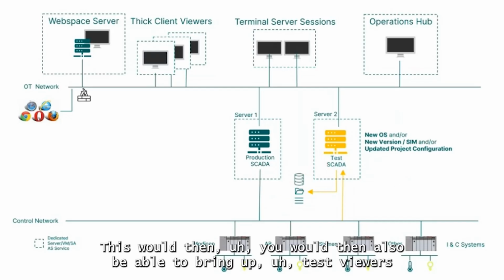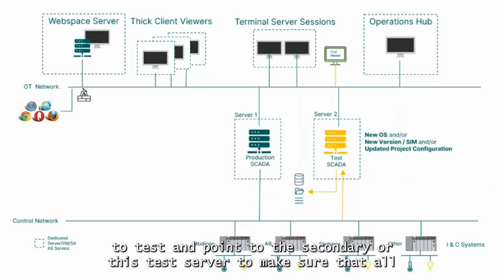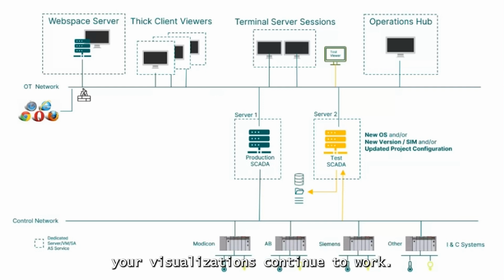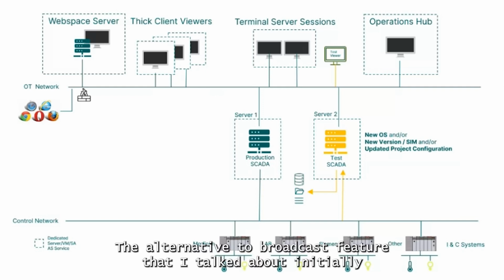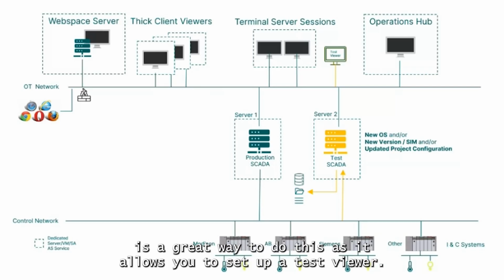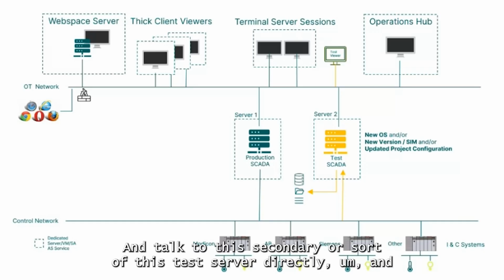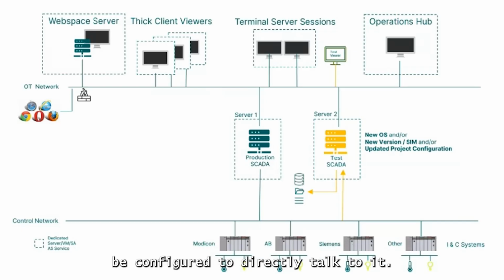You would then also be able to bring up test viewers to point to this secondary or test server to make sure that all your visualizations continue to work. The alternative to broadcast feature that I talked about initially is a great way to do this, as it allows you to set up a test viewer and talk to this test server directly, configured to directly talk to it.